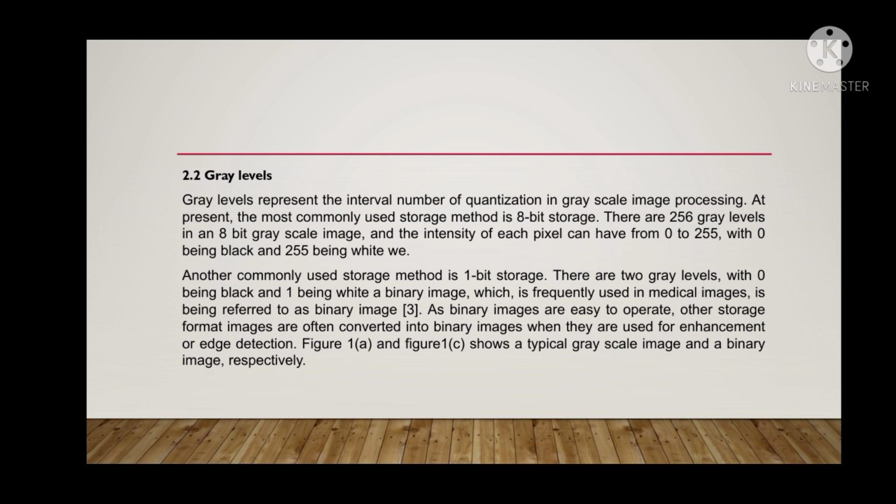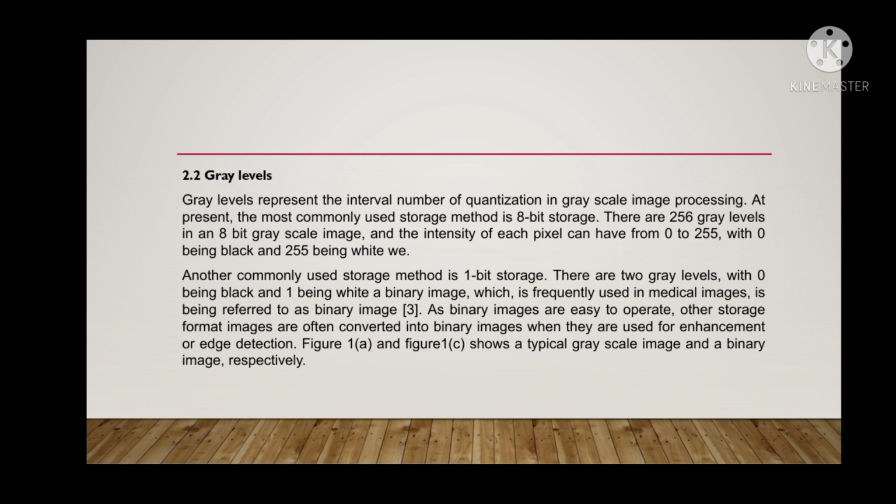Another commonly used storage method is 1-bit storage. There are 2 gray labels, with 0 being black and 1 being white. This is a binary image, which is frequently used in medical images.